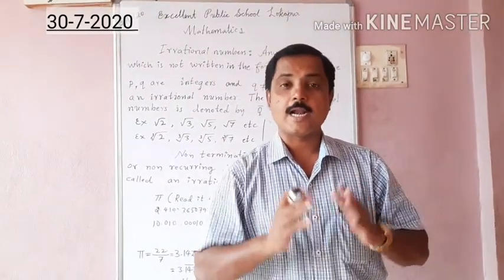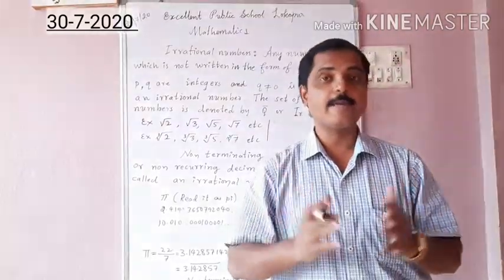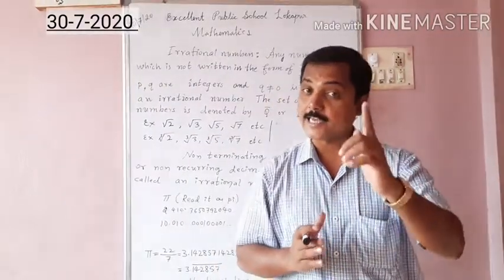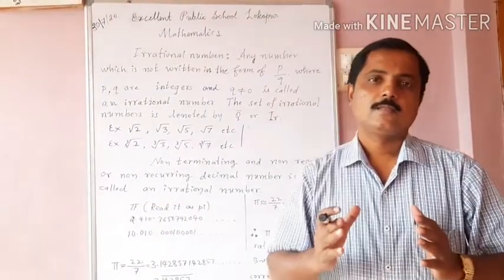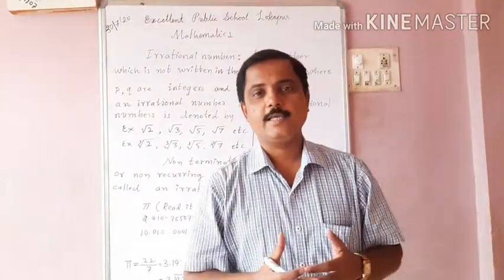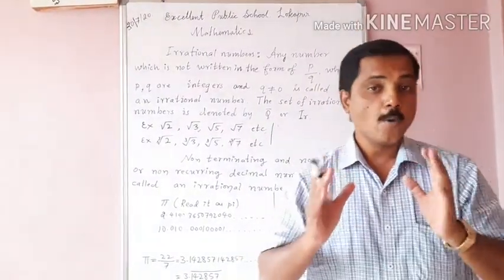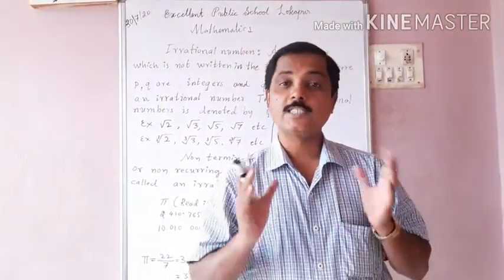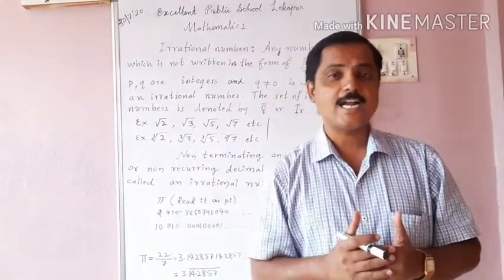And also why the non-terminating and non-repeating decimals are irrational numbers. And we are also going to see why every square root and every cube root is not an irrational number. Let us start the session.